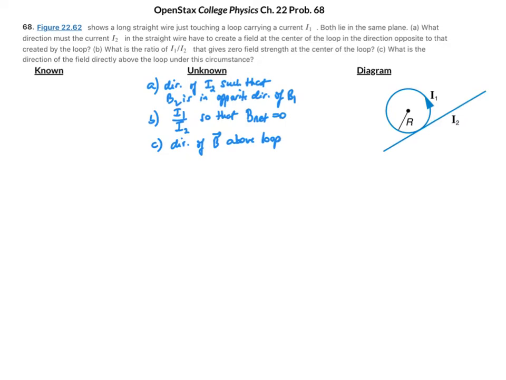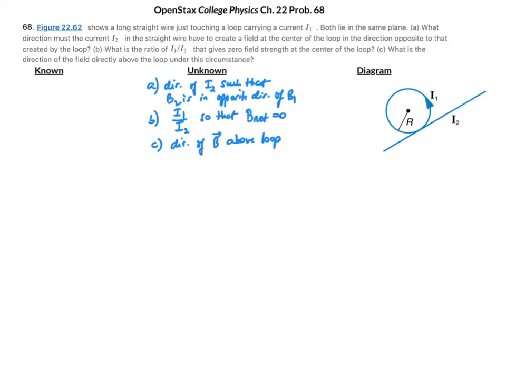All right, so I want in part A the direction of this current so that it creates a magnetic field in the opposite direction that this current creates in the loop. So let's first find the direction that current 1 creates inside the loop. We'll use the second right-hand rule where we place our thumb in the direction of the current and then put our hand inside the loop.